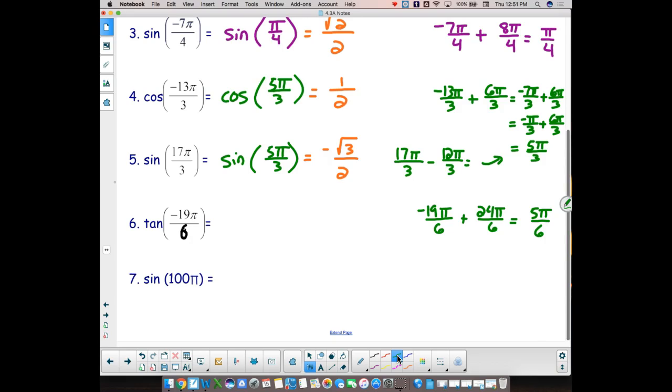So that would be the tangent at 5 pi over 6. Tangent is y divided by x. So that's going to be 1/2 divided by -√3 over 2. That simplifies to -1 over the square root of 3, or -√3 over 3. Either one of those works for me.